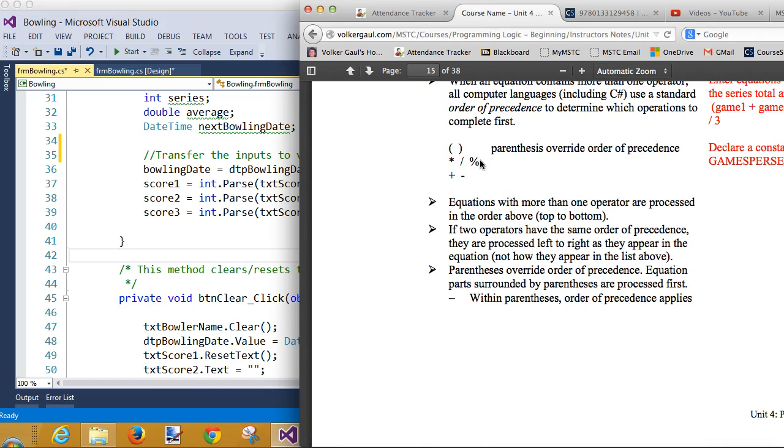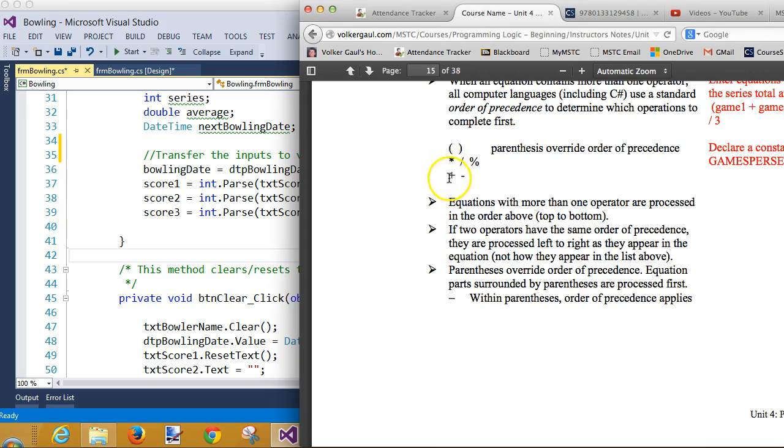Percent sign is the C# operator for modulus. Remember, modulus is the remainder. We're going to talk about that here in just a second. But those 3 all have the same rank. Those are not in any order of precedence up there. Just because multiplication is listed first doesn't mean it's done first. They all have the same rank.